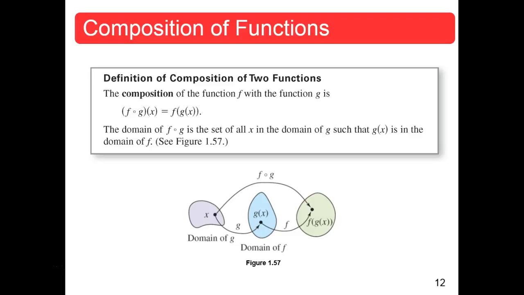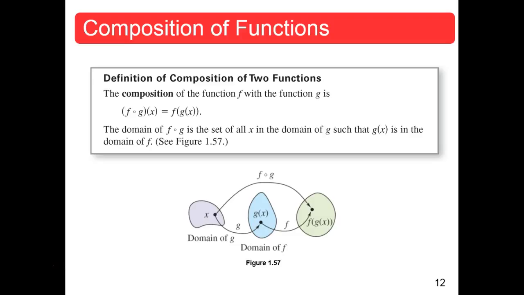So the domain of f of g is the set of all the x's in the domain of g, such that g of x, the output of g, the range of g, then becomes the domain for f. Okay? And that's what you got. So here's how we picture that in our mapping things. Here you have the domain of g, that's your x. All the values of x which make g legitimate. Then when you operate on these x's with g, you get answers which are in the range of g, which is g of x.